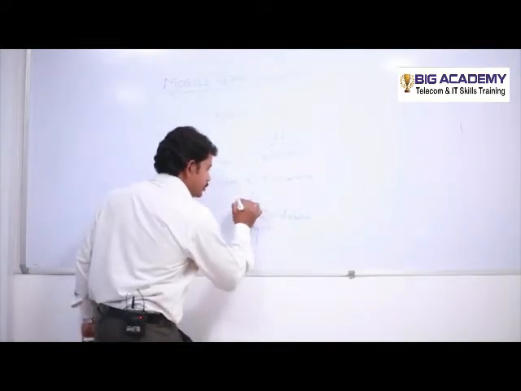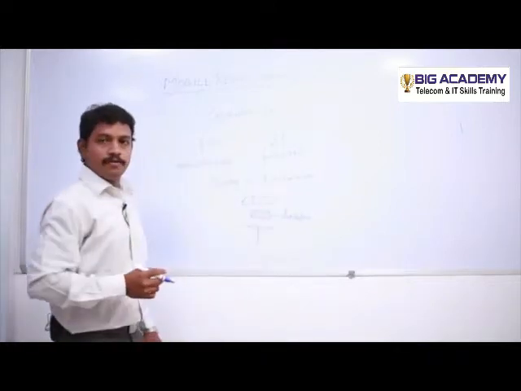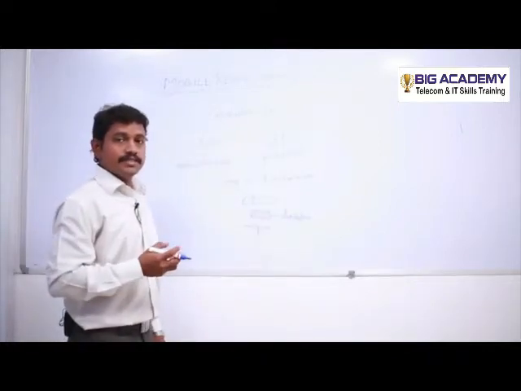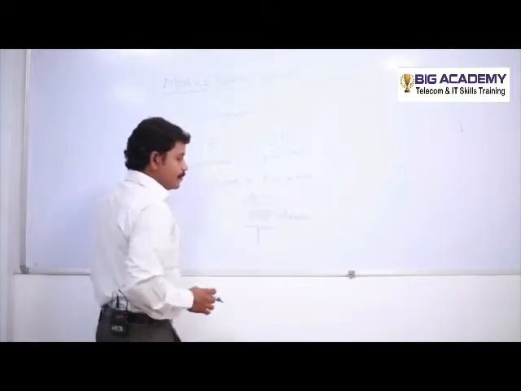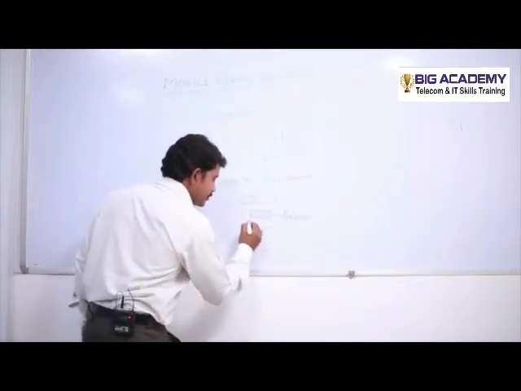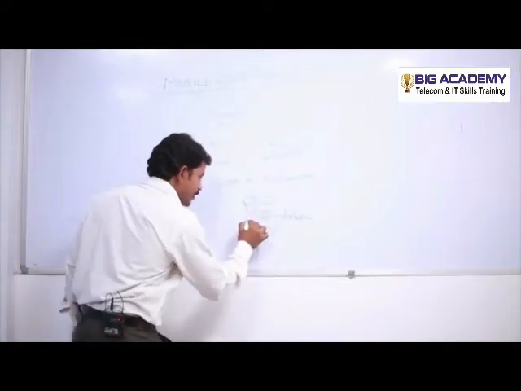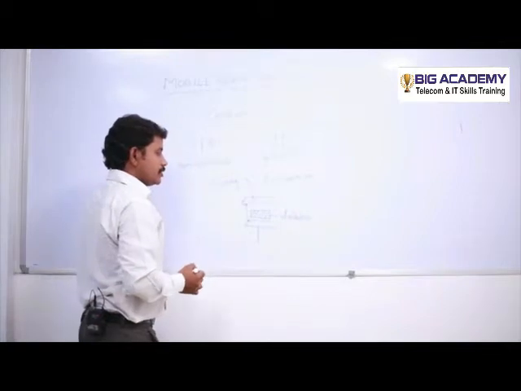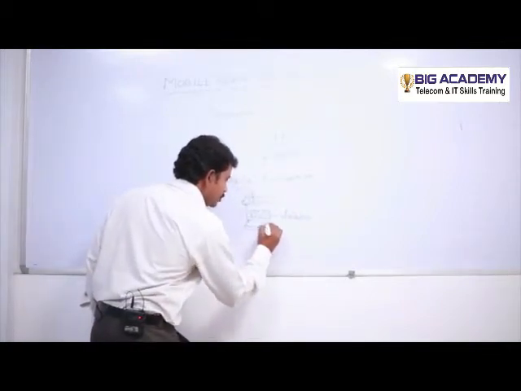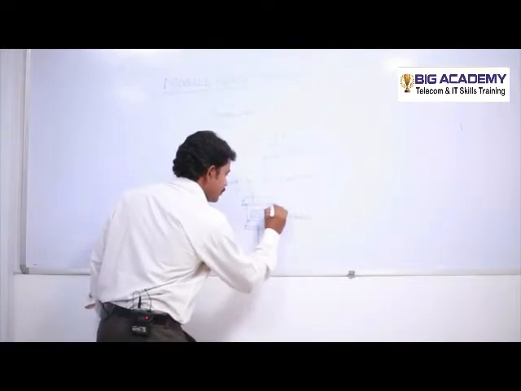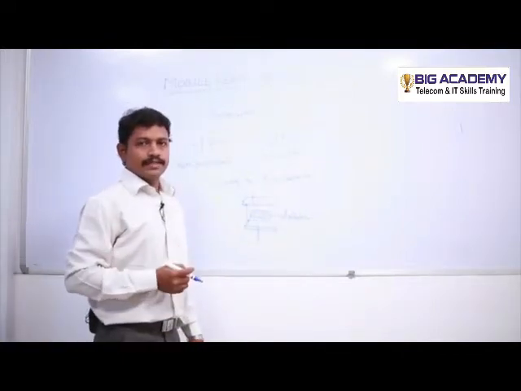Okay, and the value of this capacitor depends on some factors: the surface area of the plate, the distance between the two plates, and the thickness. So these three are the different parameters to find the value of the capacitor.